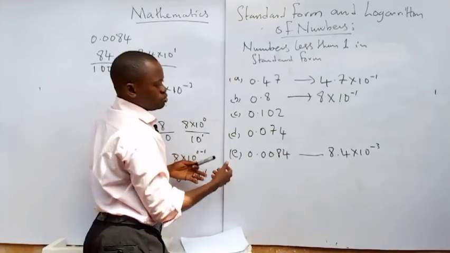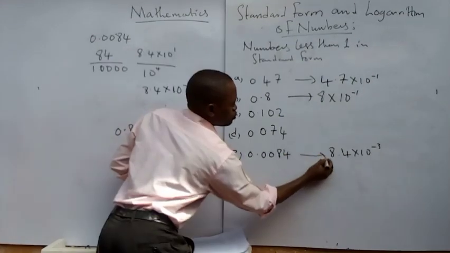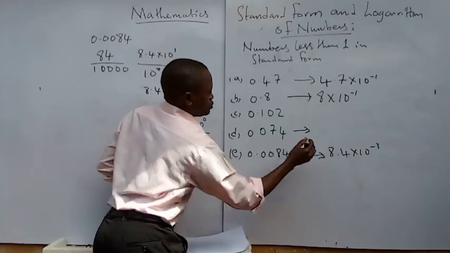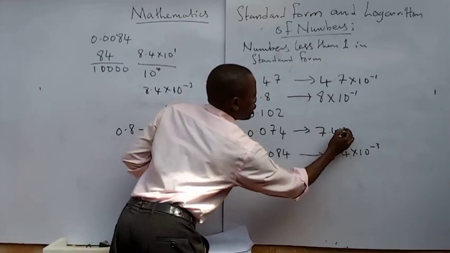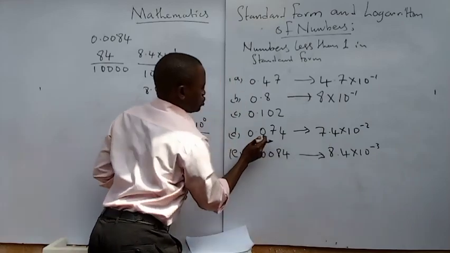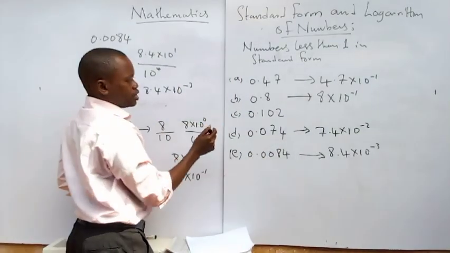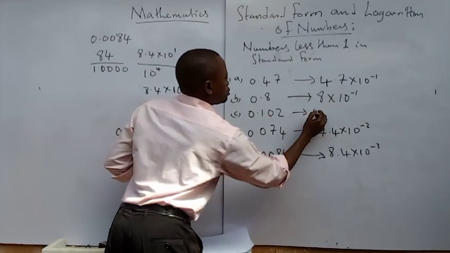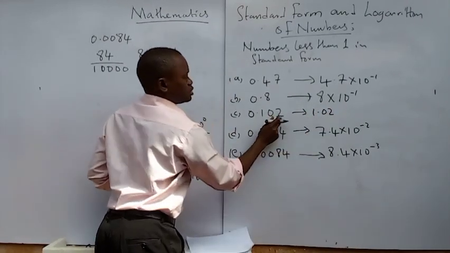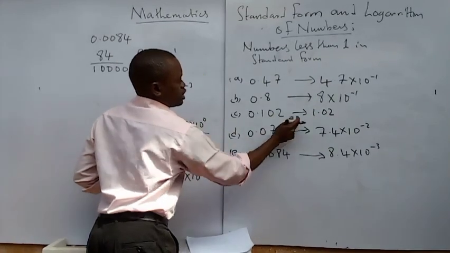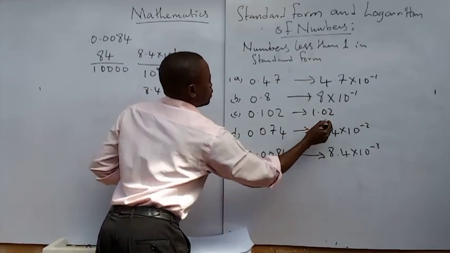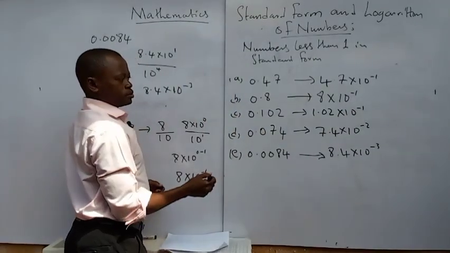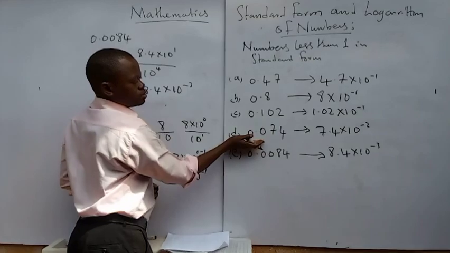Now, will you follow me if I say now that this will be in standard form 7.4 times 10 raised to power minus 2 because of 1, 2. And this will be 1.02. Remember, this is there, so we have to write it. Okay, it's non-zero. So times 10 raised to power minus 1. Would you follow me on that? I can still explain this to you.